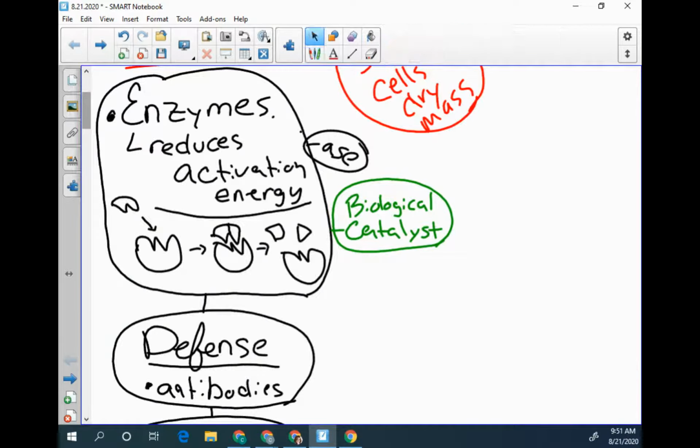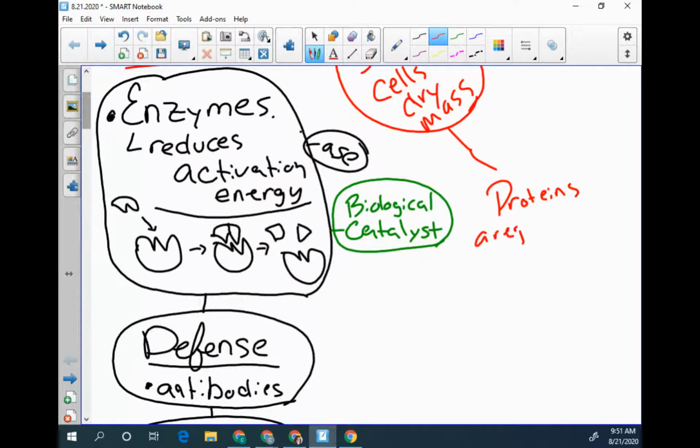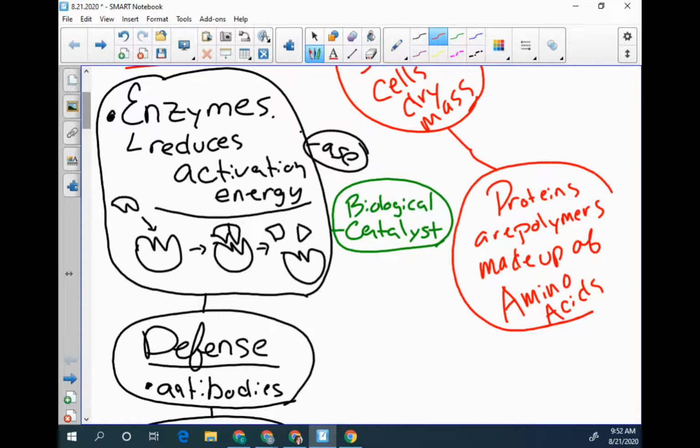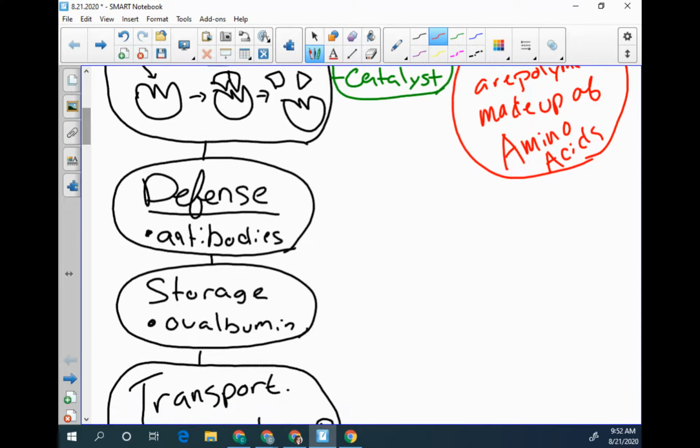So from there, actually, yeah. So we talked about monomers and polymers. So proteins are polymers made up of amino acids. I have two things to come off of this.